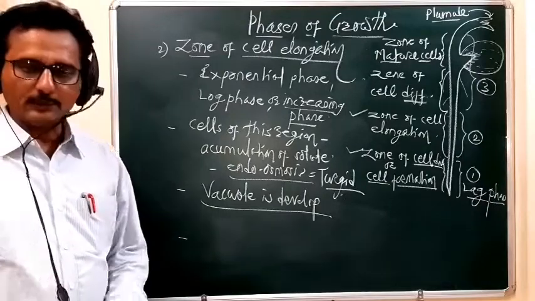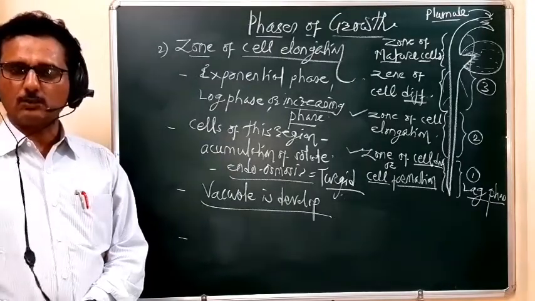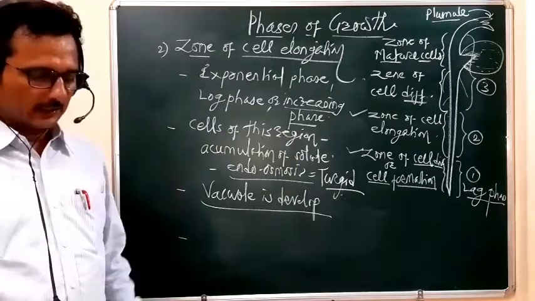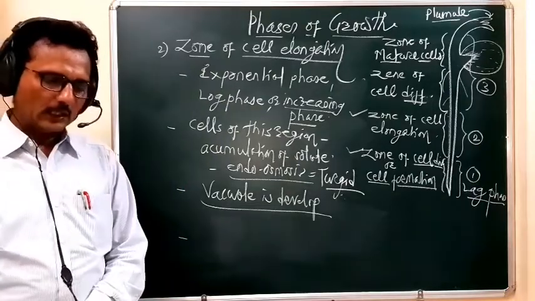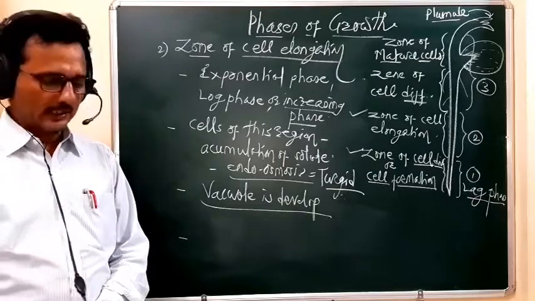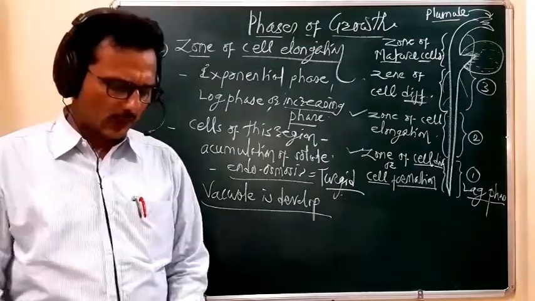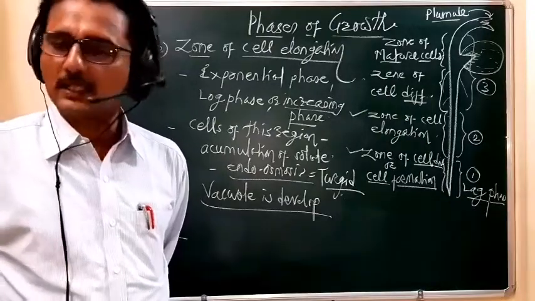Because of the development of the vacuole inside the cell, and when the cells become turgid, automatically the size of the cell increases, lengthwise and breadthwise.